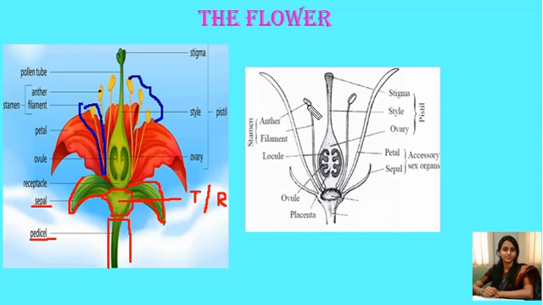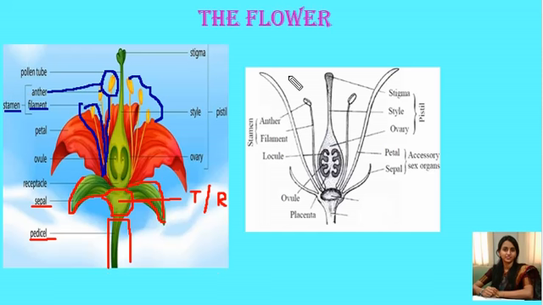Each stamen consists of a lobed structure, which is known as anther, and a stalk, which is known as filament. So anther and filament together form what? Stamen.